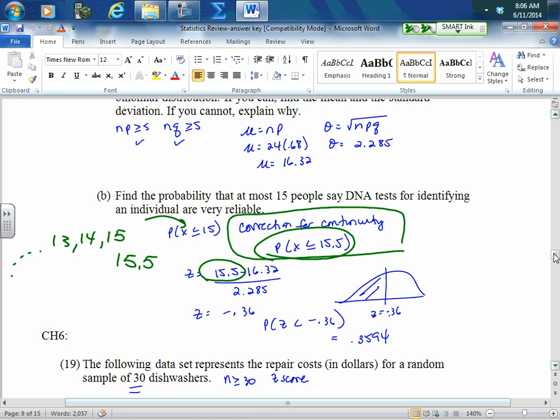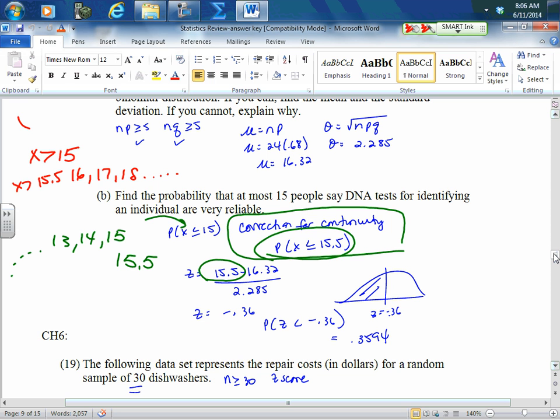If it said x is greater than 15, what would be the first valid number I could use? 16, right? 17, 18, and so on. Drop this guy down to 15.5. You will never hit a 15.5 because it's a discrete value, but you have to correct this for continuity.